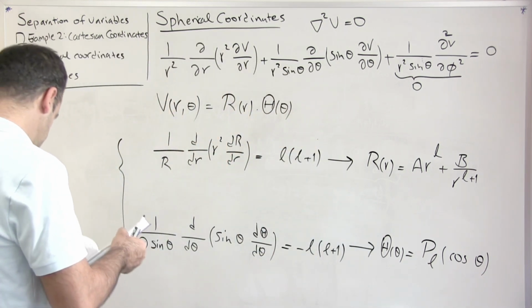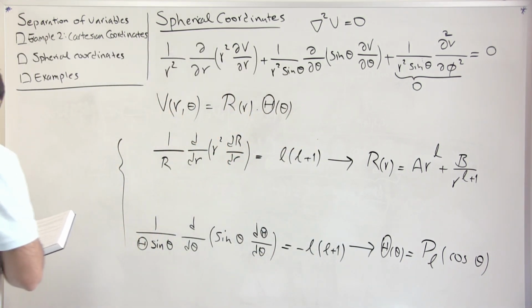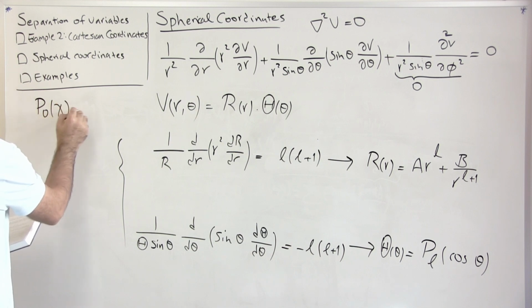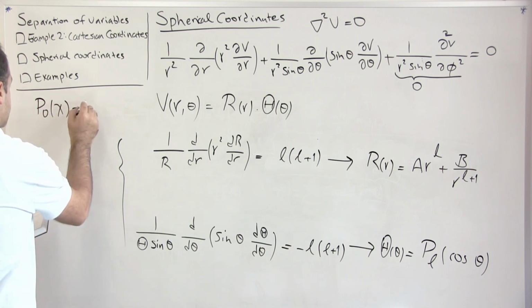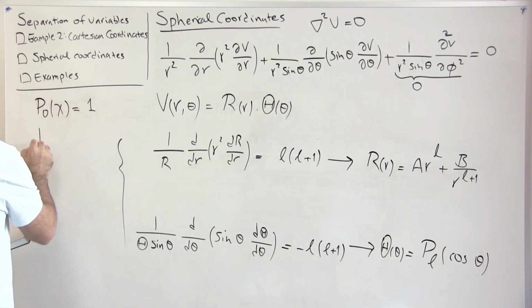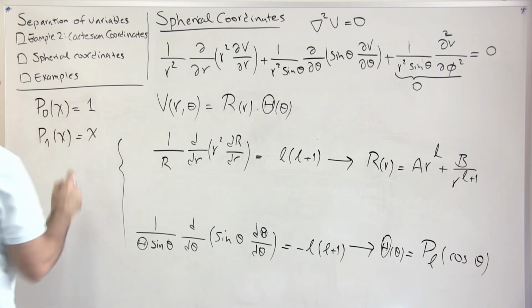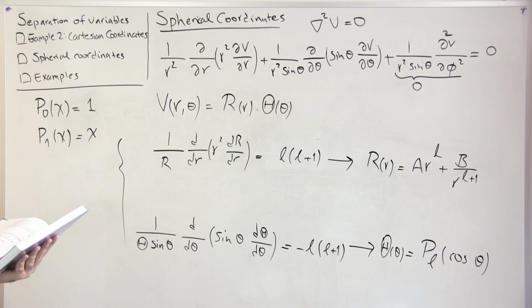Legendre polynomials look like this. The zero order Legendre polynomial of x is just a constant, 1. The first order Legendre polynomial of x is just x. So the first few terms are easy.